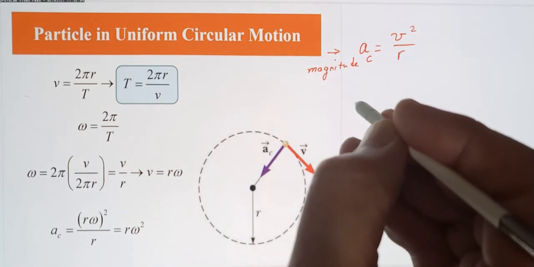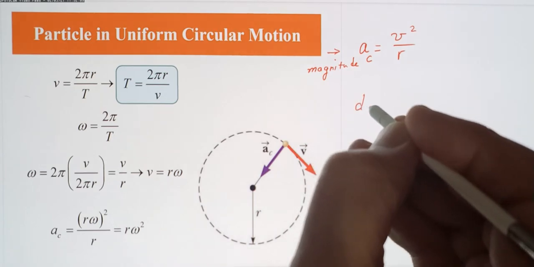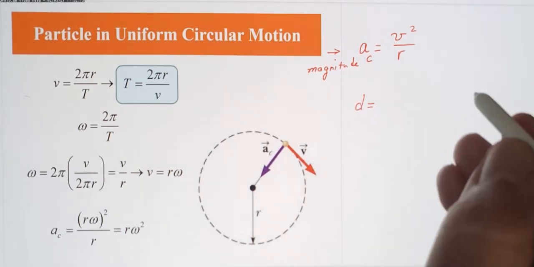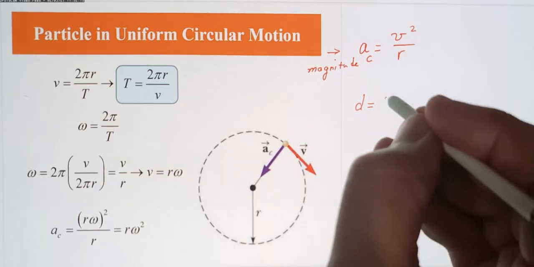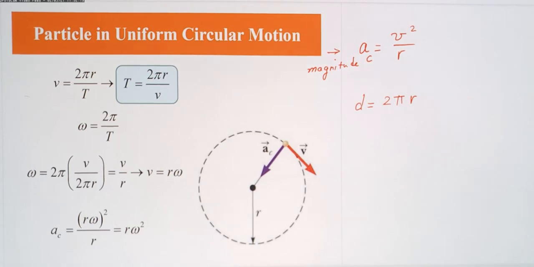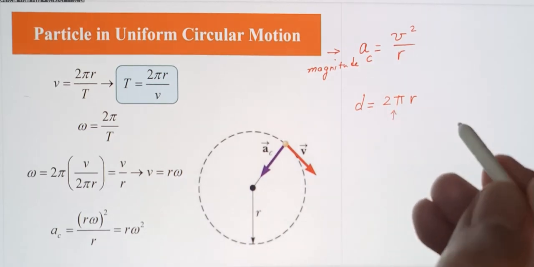What is the radius? What is the circumference of a circle? It is 2 pi r. We start like this. What is 2 pi? It's an angle.